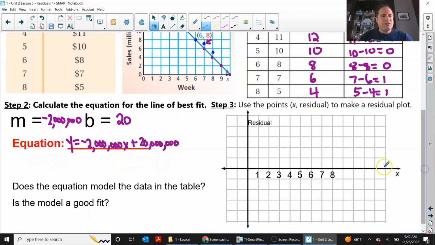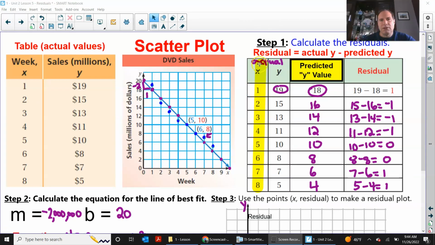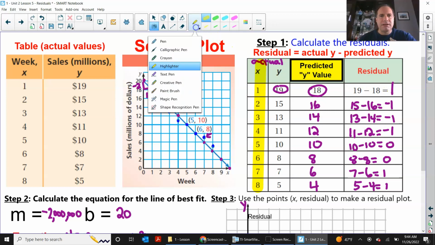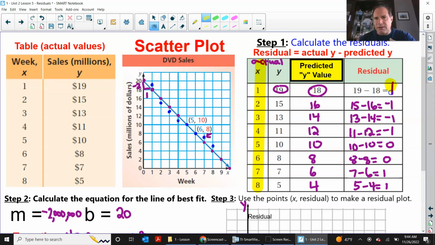With a residual plot, it's a little bit different than what you're used to. A residual plot has an X and Y. So in the residual plot, you're graphing the actual X's, and you're also graphing the residual itself, this number.